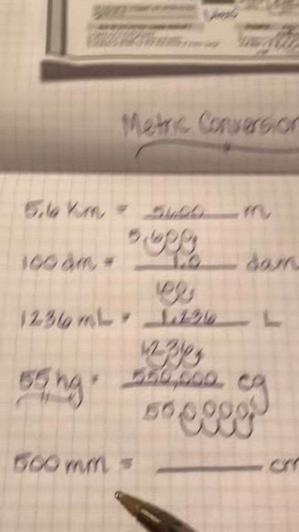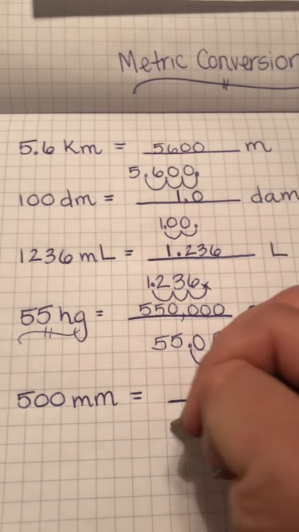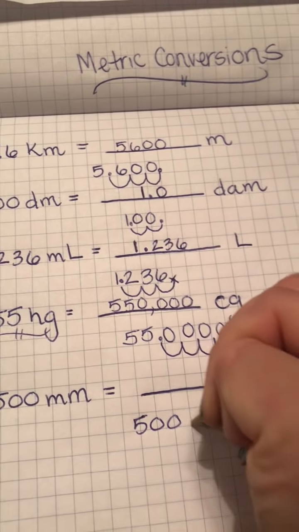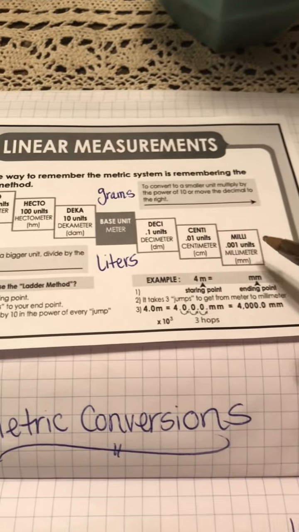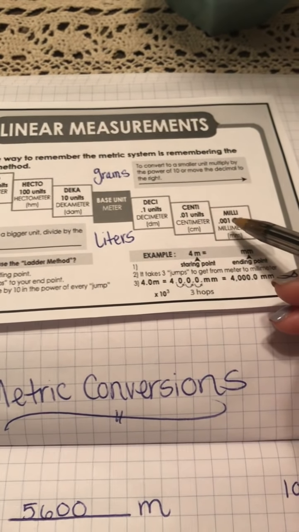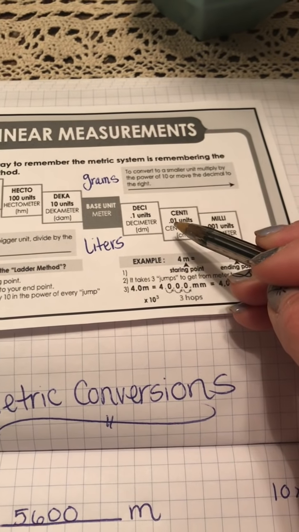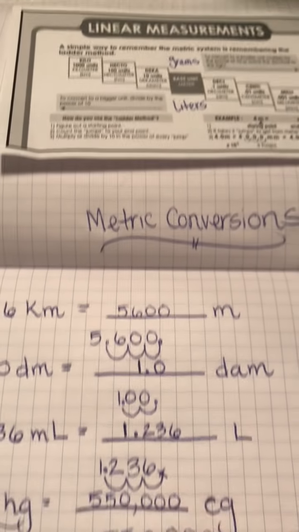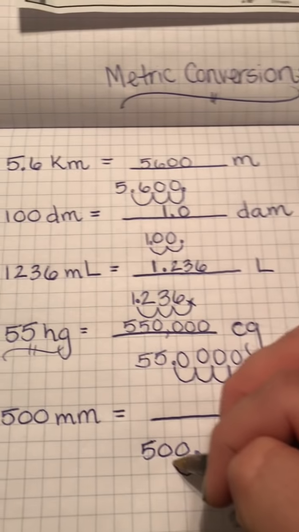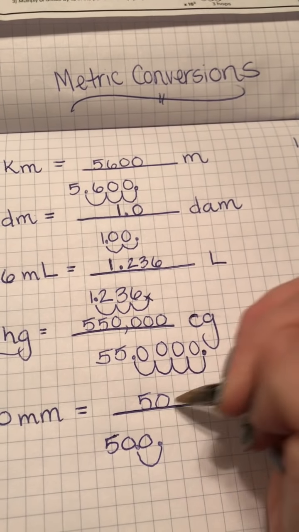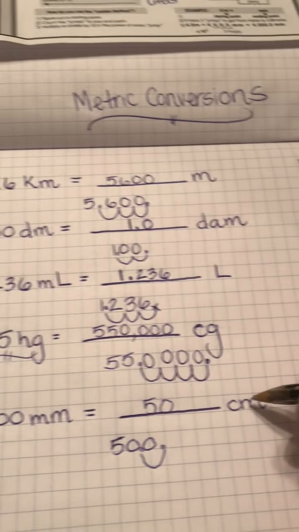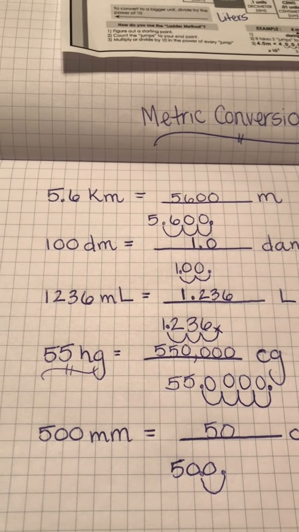Okay, so here I'm at 500 millimeters, taking it down below, and we're going to change it to centimeters. So it looks like I'm going to the left and up one. Taking your decimal, moving it over, left, 1. I have 50 centimeters in 500 millimeters.